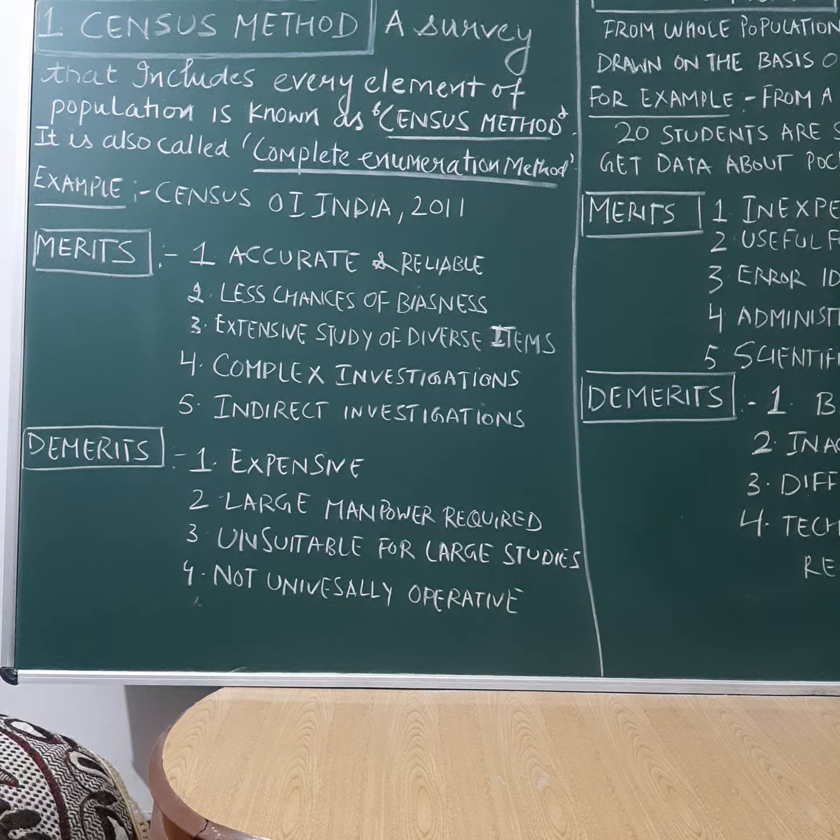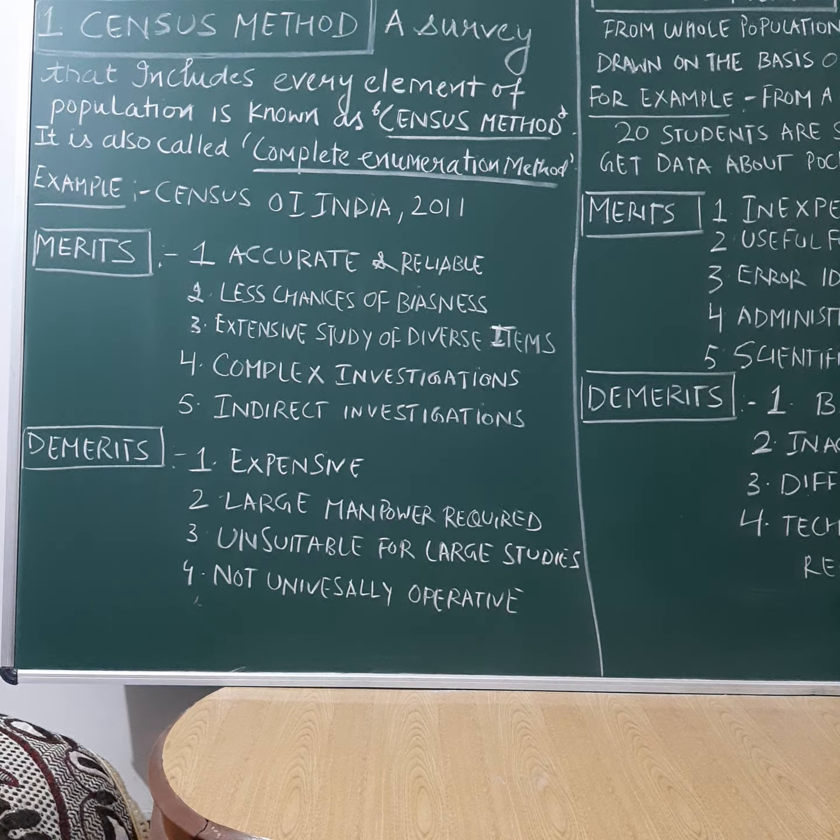Okay, so if we see the merits, whatever results we get will be accurate and reliable. Of course, when we get the results from each and every person, the data we get will be accurate and reliable. Then there are fewer chances of bias. Why are there fewer chances of bias? Because we are not going to miss any person, right?